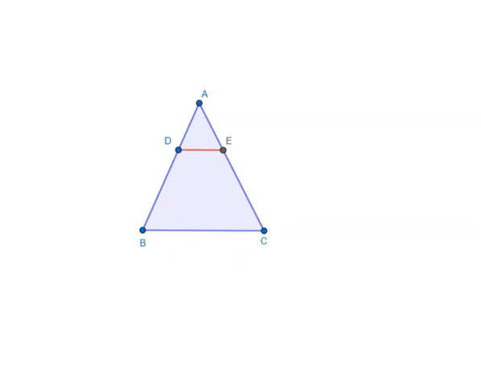What we are going to do is join DC and BE. Here, you will notice that triangle BDE is going to be congruent to triangle CDE. Why? Because they are between parallel lines and they have a common base.